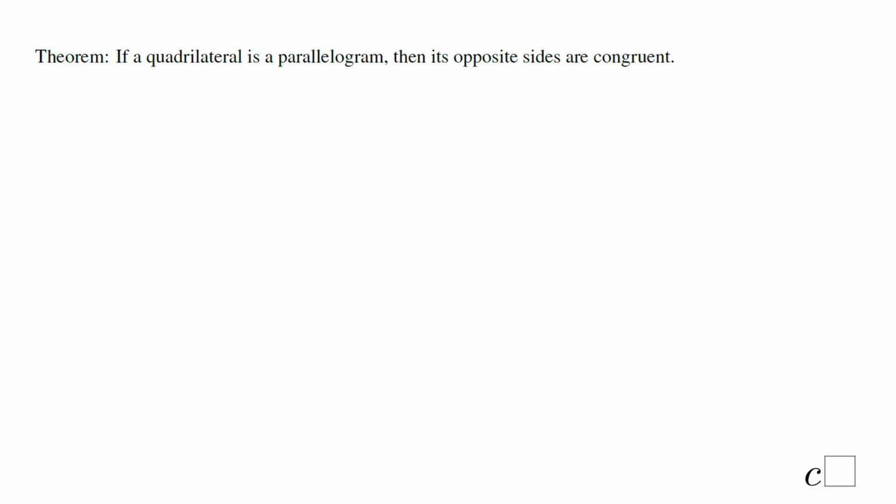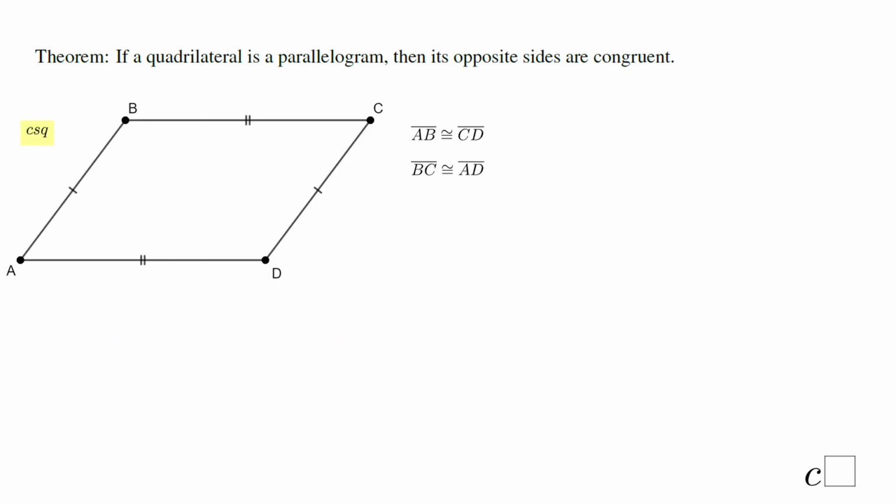And there are some properties that we can use. And the first one is this one. If a quadrilateral is a parallelogram, then its opposite sides are congruent. So besides being parallel, that is the definition. We notice these two sides are congruent, AB congruent to CD, and also these two sides are congruent, BC congruent to AD.